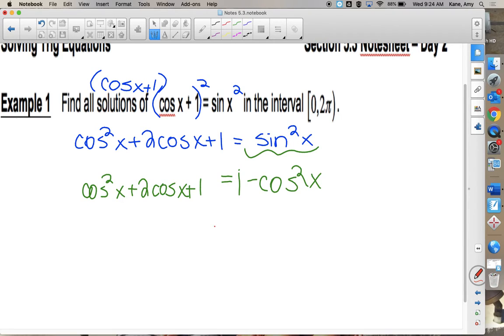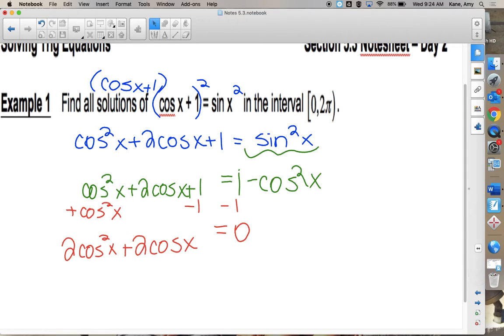If we set it equal to 0, we would subtract a 1 and add the cosine squared. So we do 2 cosine squared plus 2 cosine. And nicely, the 1's cancel. So we don't have to use AC grouping. The 1's are gone. That extra number is gone.